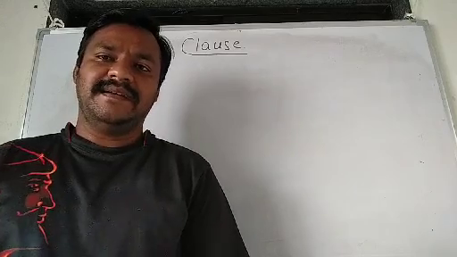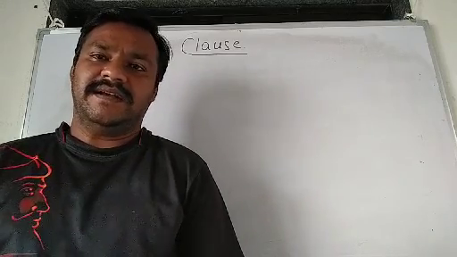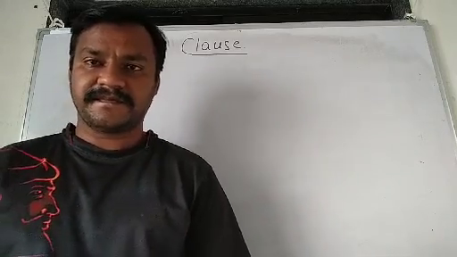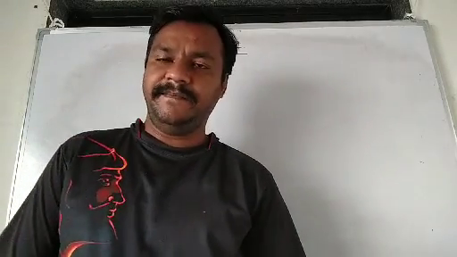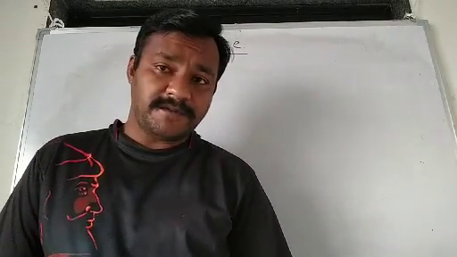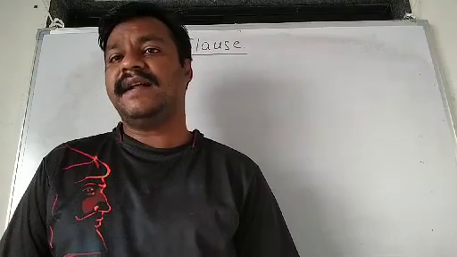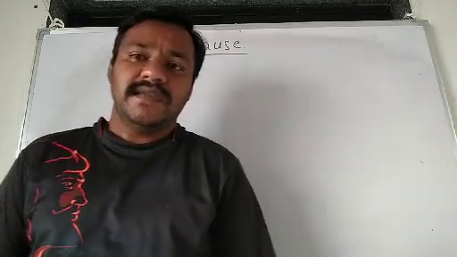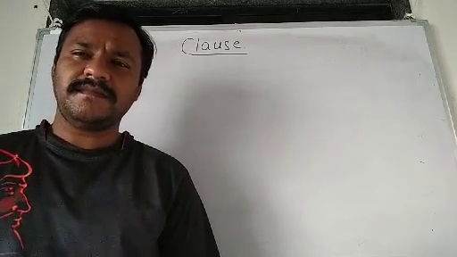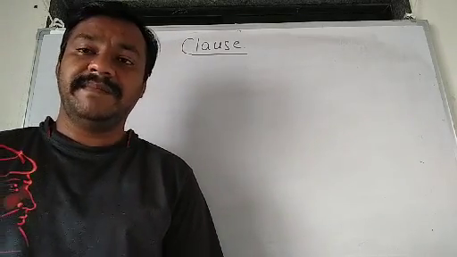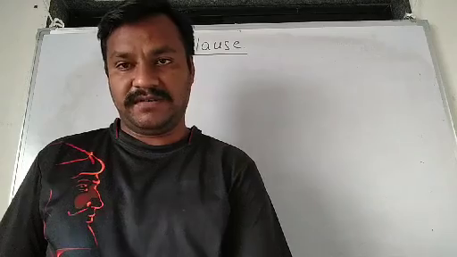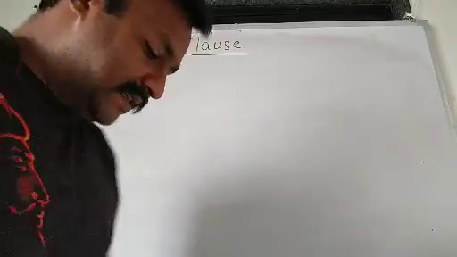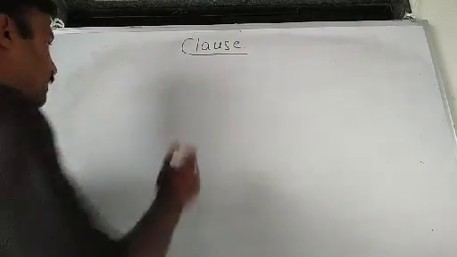Then we started and discussed adverb clause of time, adverb clause of place and adverb clause of reason. So in today's session we will discuss the remaining types of adverb clause. Today we will start with the adverb clause of purpose.